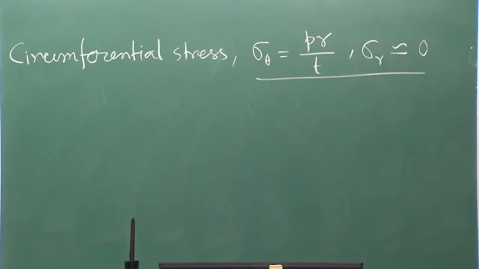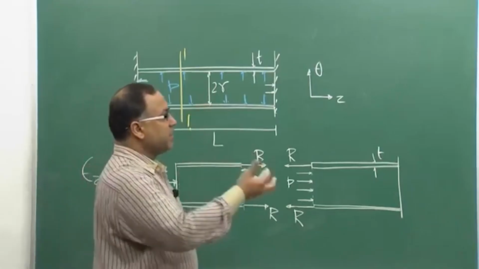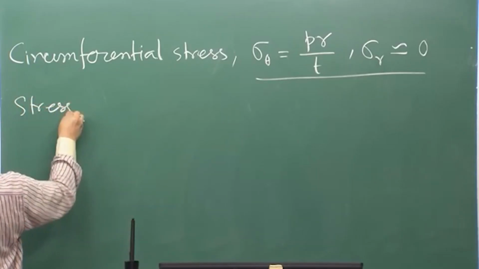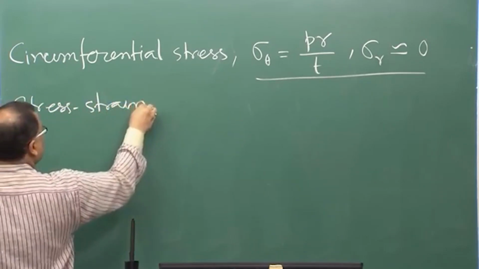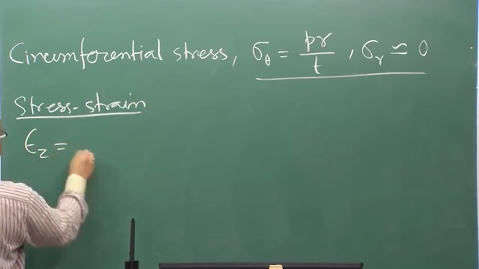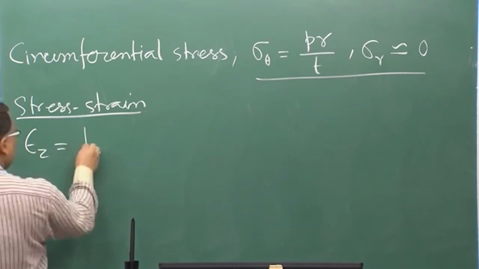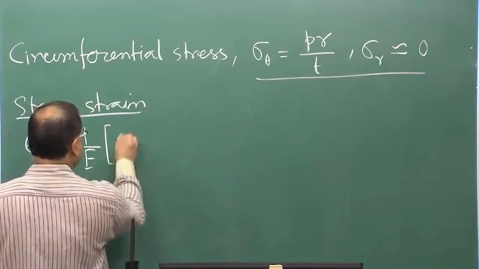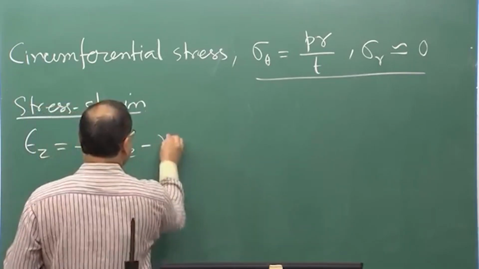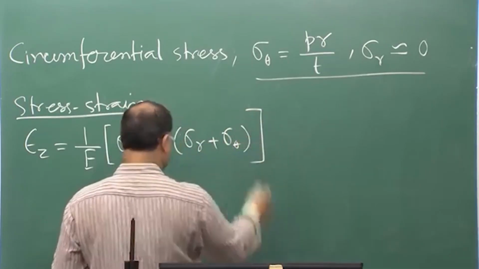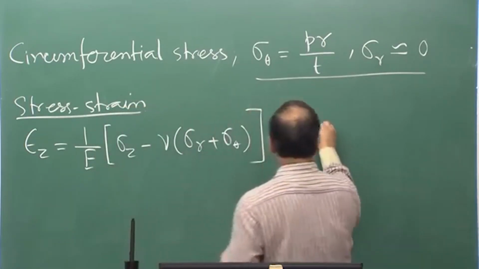So, we have got 3 stress components, sigma z, sigma theta and sigma r. Now, if we invoke the stress strain relation, because this material is following Hooke's law, we get epsilon z equal to sigma z minus nu into sigma r plus sigma theta, which is nothing but 0.